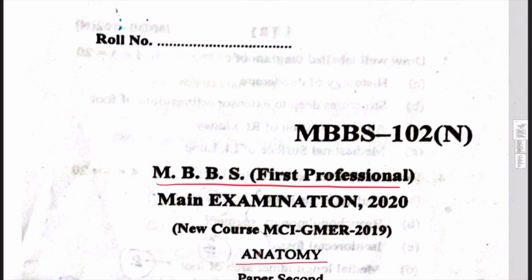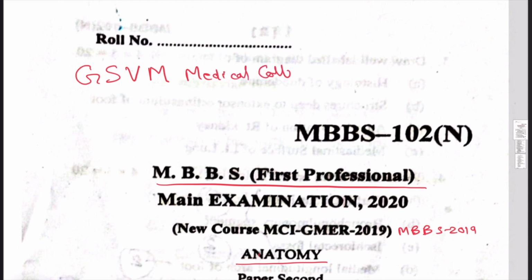Here I'm going to solve this Anatomy Paper 2 of the MBBS First Professional Exam of students admitted in the MBBS 2019 batch at GSVM, that is Ganesh Shankar Vidyarthi Memorial Medical College, Kanpur.